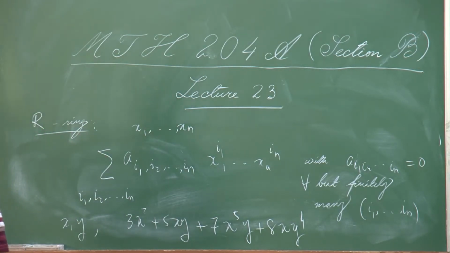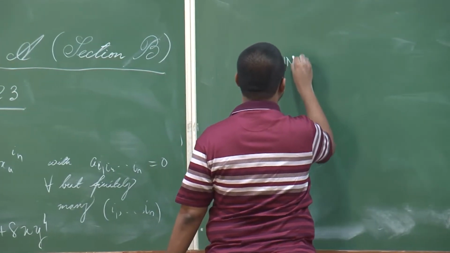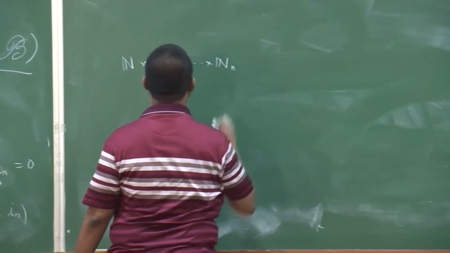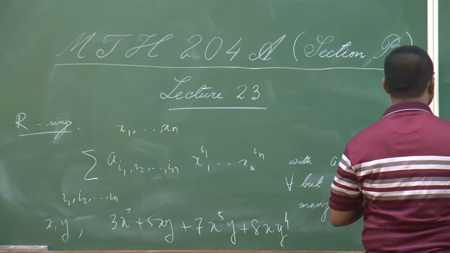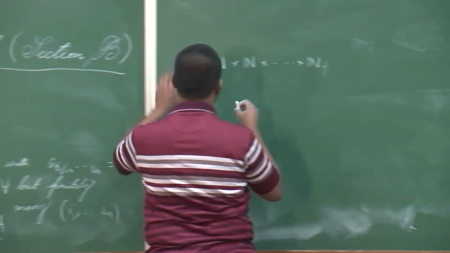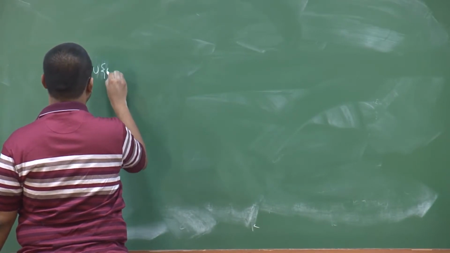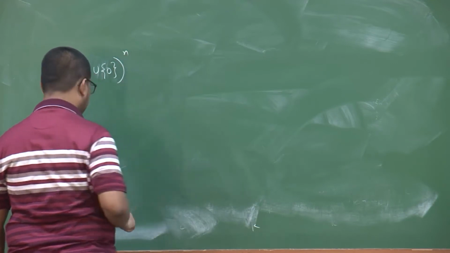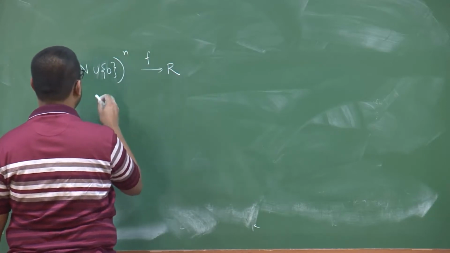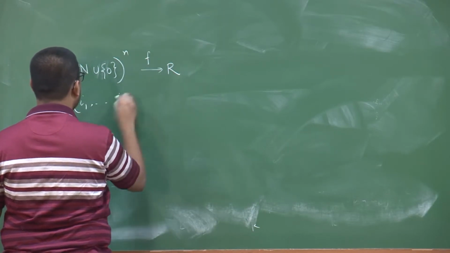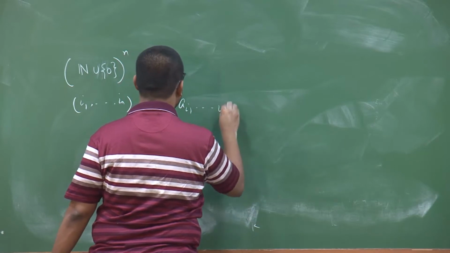It is a map from the natural numbers to R. Here it will be a map from the n-fold Cartesian product of the non-negative integers, that is, N union the singleton 0, to R. A typical element will look like (i1, ..., in), where each i is a non-negative integer. Its image we denote by a_{i1 ... in}.